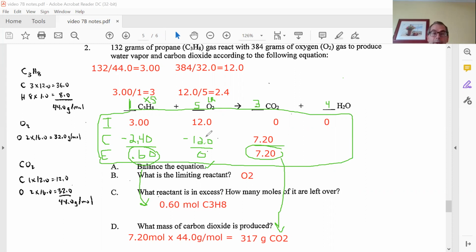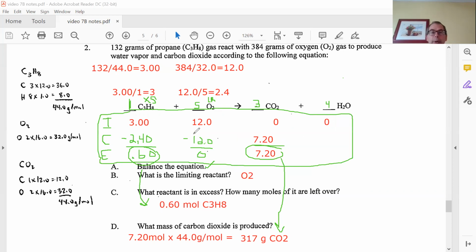All my limiting reactant reacts, leaving me with 0. 12 times 1 over 5 gives me 2.4. Notice this number is less than this. If this number were greater than this, I have the wrong limiting reactant, and you got to flip them around. But this number is less than this. I can subtract to figure out moles of excess reactant, and that's the 0.6 moles of C3H8.